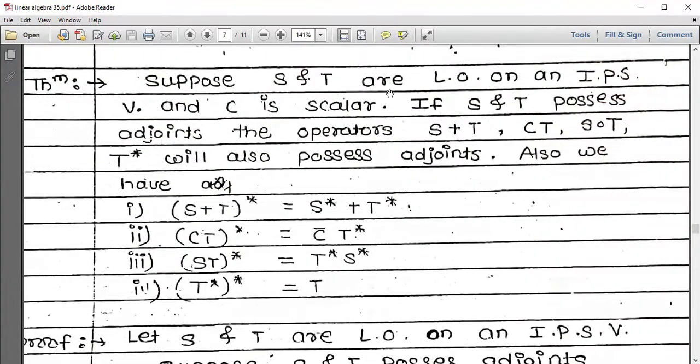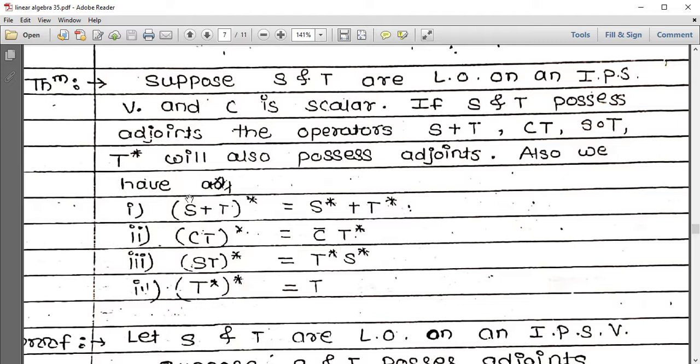Suppose S and T are linear operators on an inner product space V and C is a scalar. If S and T possess adjoints, then the operators S plus T, C into T, the composition of S and T, and T star will also possess adjoints.